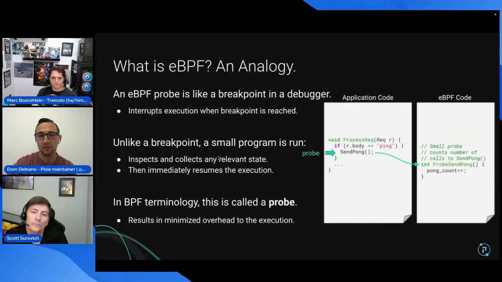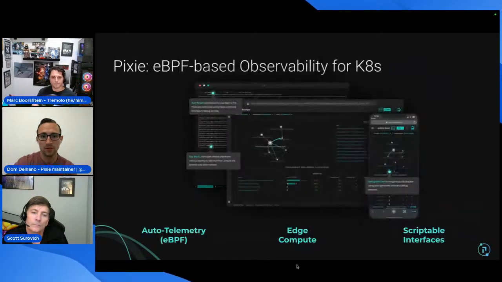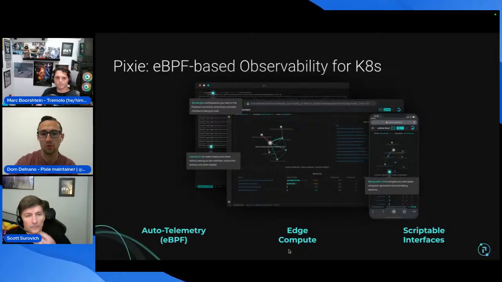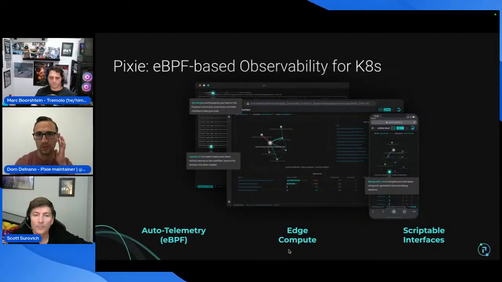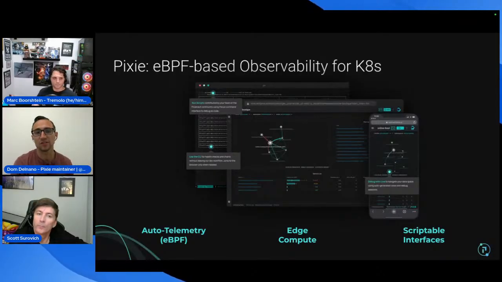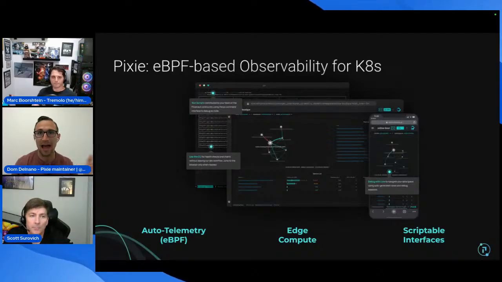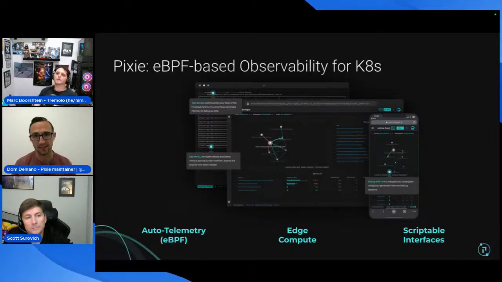That's why we believe this edge compute model that we talked about is so important, because not only is it good from a performance standpoint, because this is a high volume data source, but the data that might be sensitive is actually never leaving the node that collected it. And so we have capabilities to apply PII filtering or redaction as you query the data, but the data itself is not leaving unless you actually go query for it, and you can redact it before it gets served outside of the node.